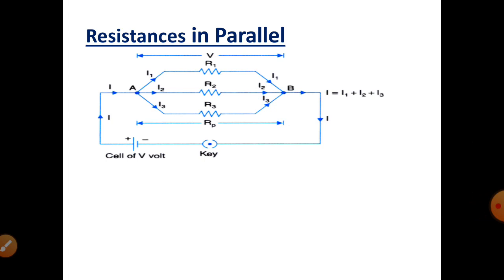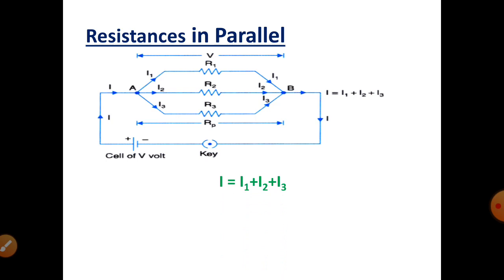But the current I flowing from the positive terminal of the battery, when it reaches point A, splits through R1, R2 and R3. So let the current flowing through R1 be I1, current through R2 be I2 and current through R3 be I3, so that total current I is equal to I1 plus I2 plus I3.